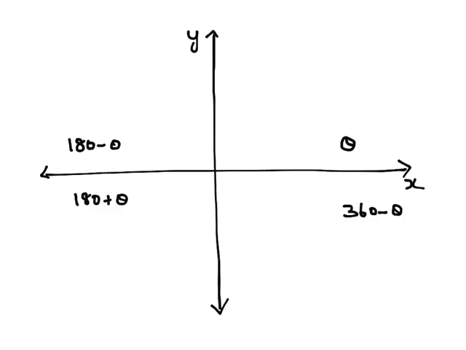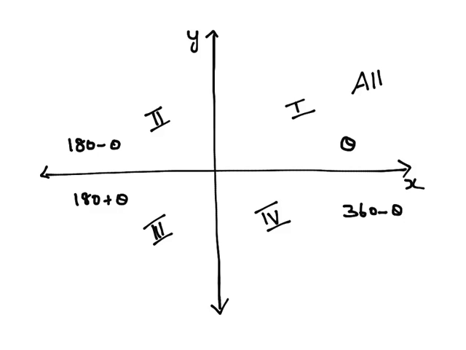Okay. Now we all know that this is the first quadrant, this is the second quadrant, this is the third quadrant, and this is the fourth quadrant. In the first quadrant, all trigonometric functions are positive. Let us confine ourselves to only sine, cosine, and tangent.